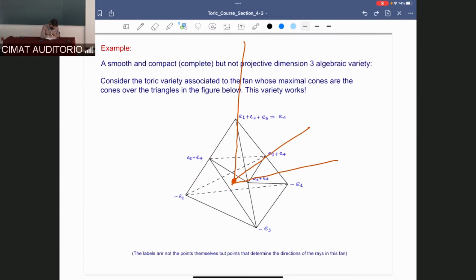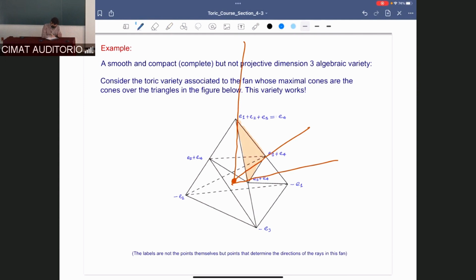Let me go back here for a second. The directions that you would see over this one, from the origin over that one, this is what we get. And we do that for every single triangle that you see in this subdivision of a tetrahedron. So this covers the whole R3 if I put those cones together.